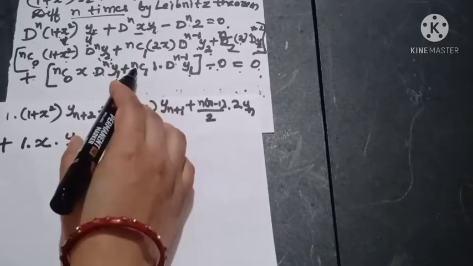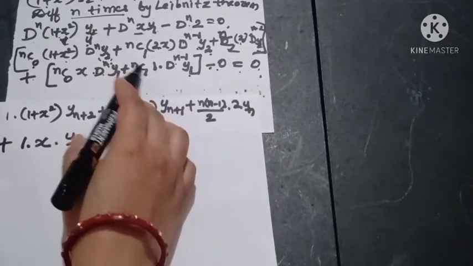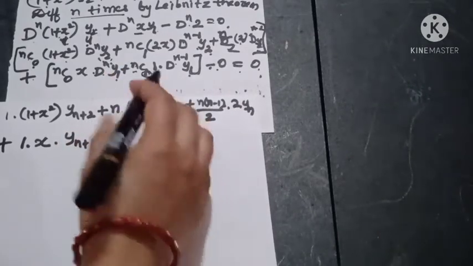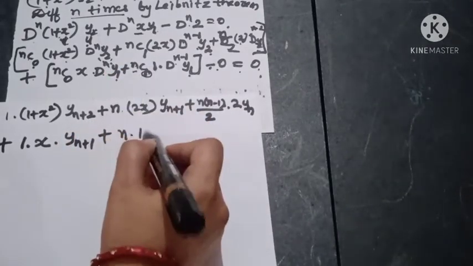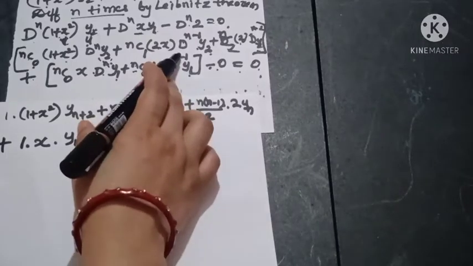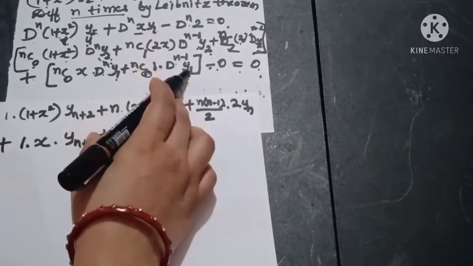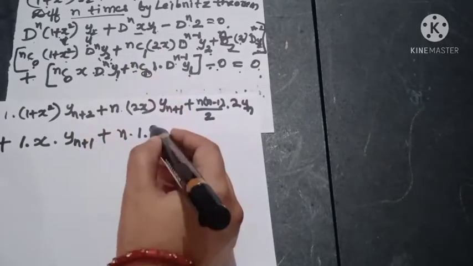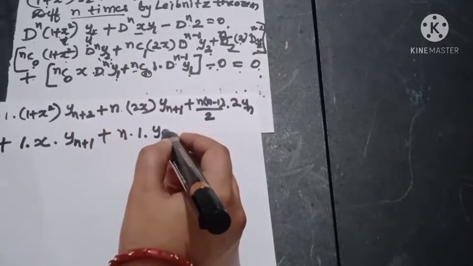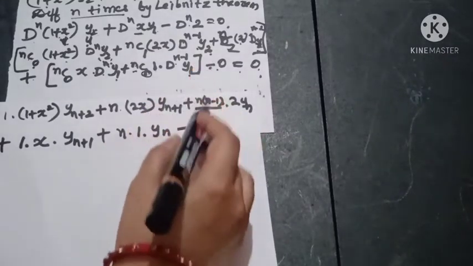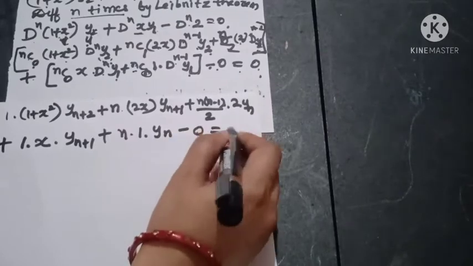Plus nC1 value is only one term, so what you get is n, 1 as it is. So dn minus 1 of y1 is, you just add n minus 1 and 1, so that is n minus 1 plus 1 is n, minus 0 as it is equal to 0.